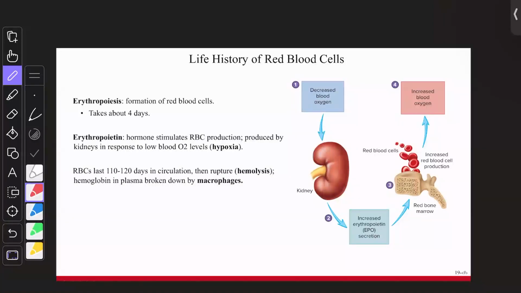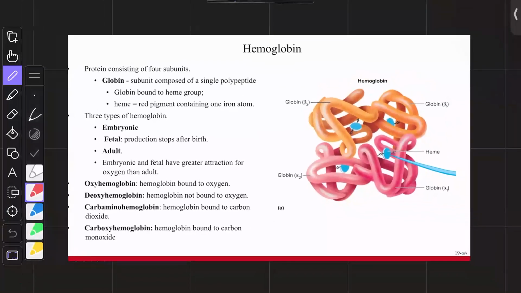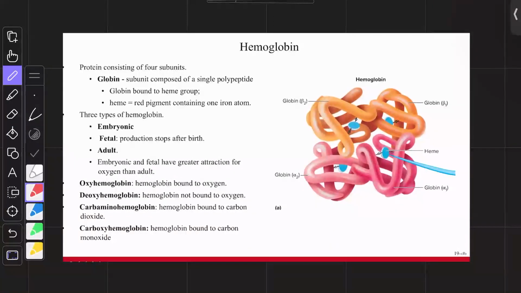That erythropoietin is going to get sent to the bone marrow, and the red bone marrow is going to produce additional red blood cells, which hopefully will lead to the increased availability of oxygen. Easy enough? Okay. All these systems are interlinked. Are you guys starting to figure that out? Everybody's interconnected with everybody else. All right, now our macrophage has discovered, well, we're not going to do that yet. We'll do that on the next slide.